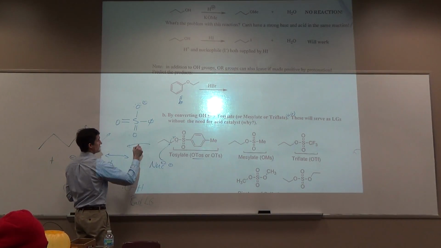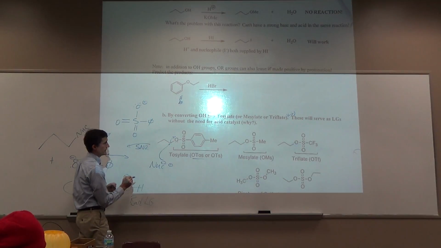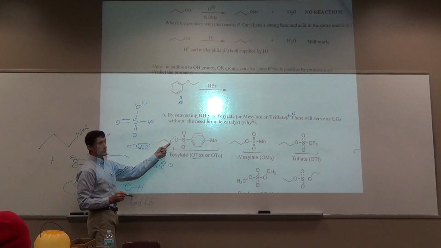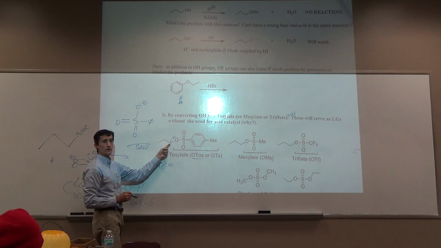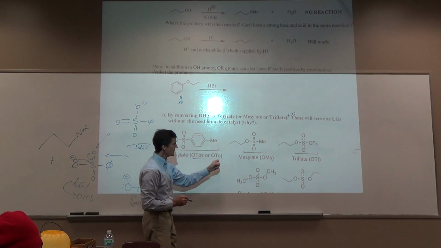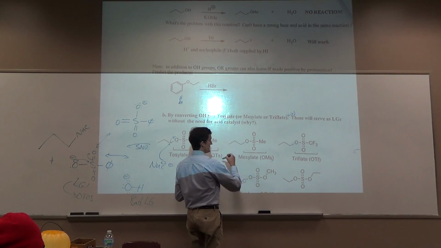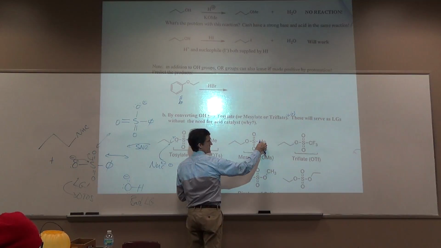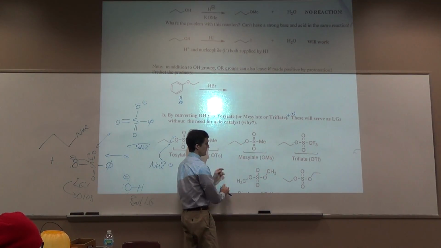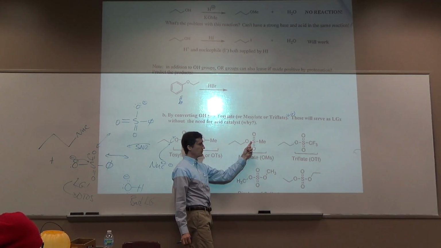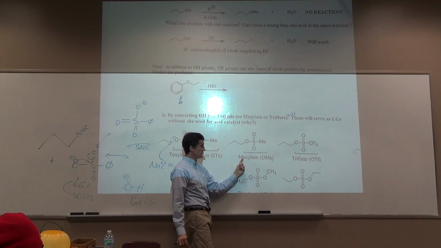And what mechanism did we do? SN2, yeah? Of course, because we're doing a primary carbon. We would never do SN1 here, would we? Okay, mesylate. It's the same thing. It's just that over here, instead of having a toluene ring, you just have a methyl. And so it's methyl sulfonyl, and it becomes mesylate.